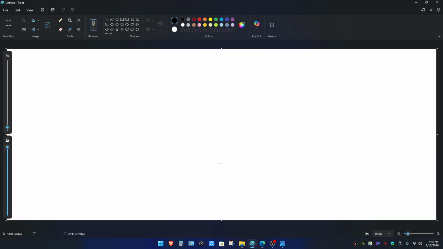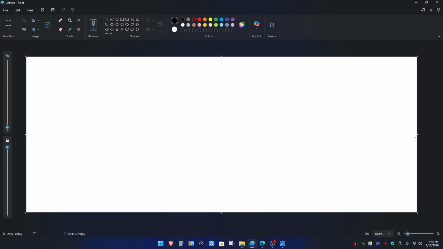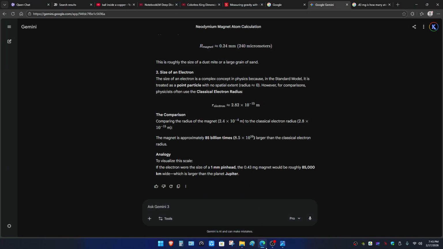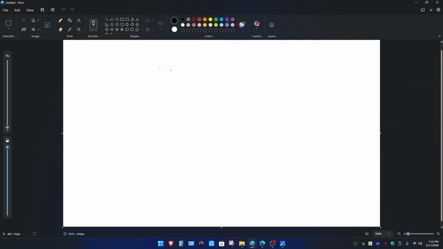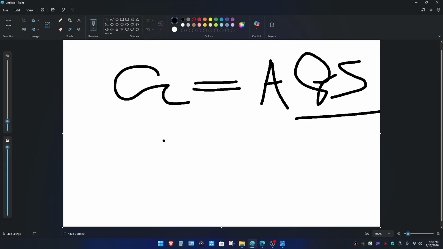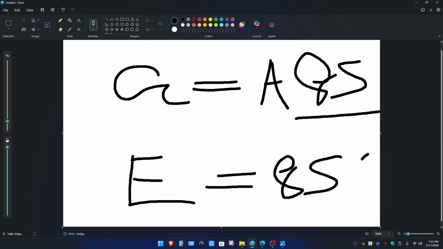So when it comes to the machine, we must understand some of the important topic, and that is when it comes to measuring gravity, the acceleration and the rate of detection is much higher, about 85 billion times larger than detecting an electron. 85 billion times smaller.